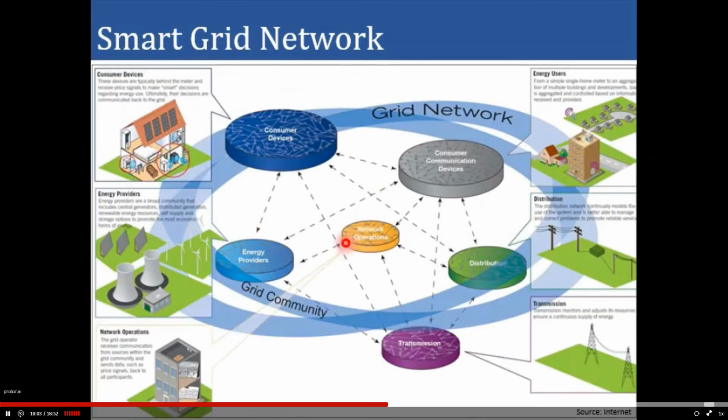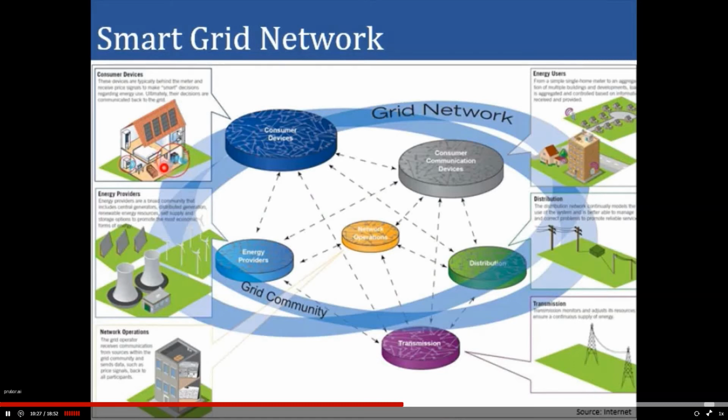Now let's see what are the various components which we see broadly in the smart grid network. So first is the consumer devices. We have a lot of intelligent devices now in the houses. Say for example, we have intelligent refrigerators, intelligent washing machines, intelligent dishwashers, and so on.